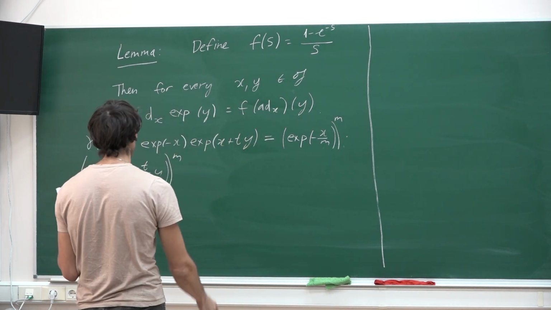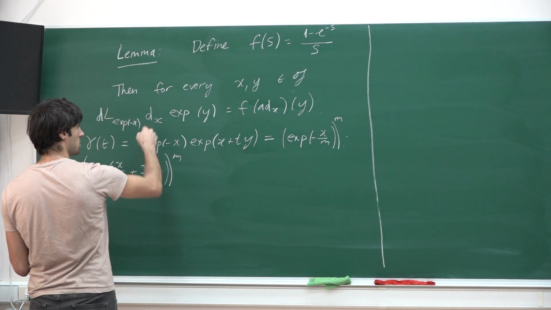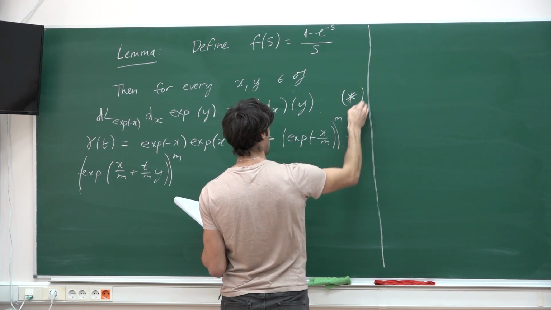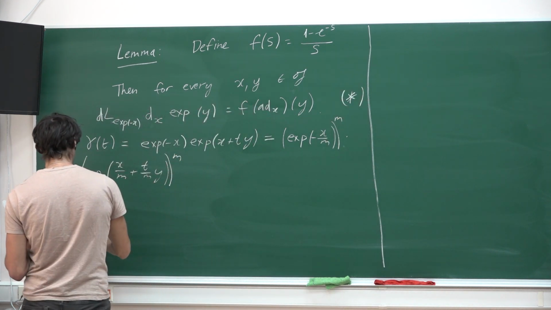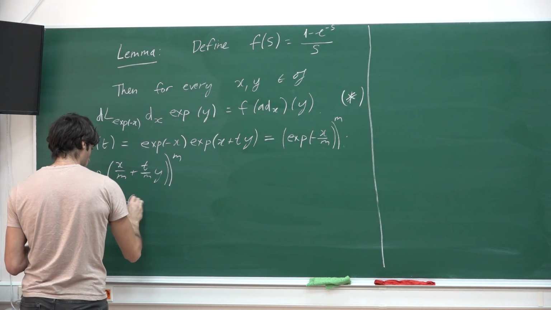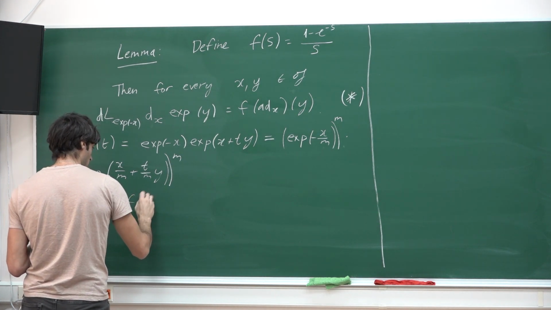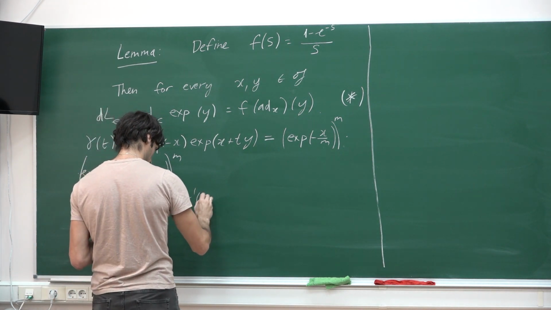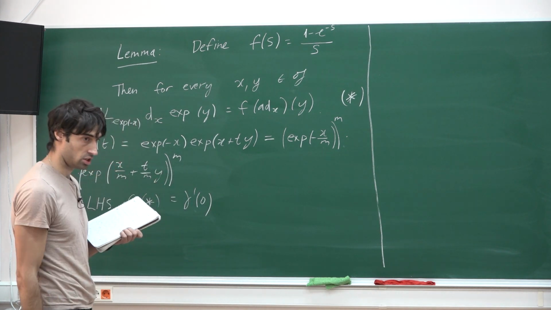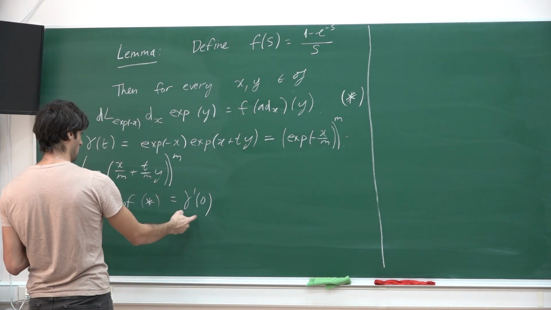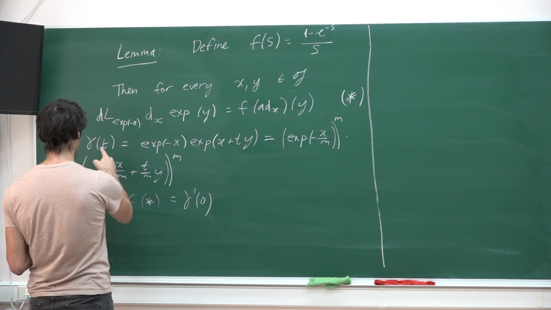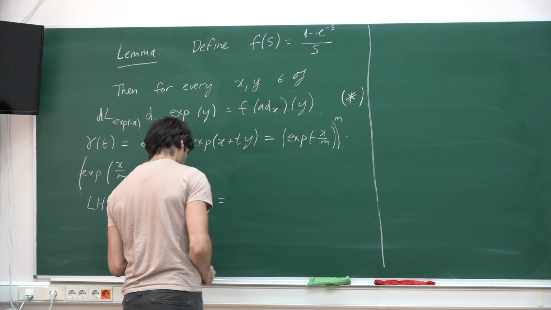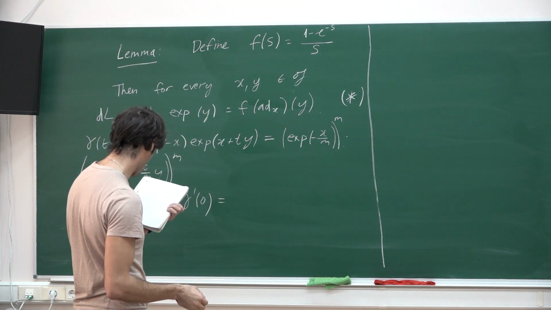Then I look at the left-hand side of this. Let me call this star. And so the left-hand side of star is exactly the tangent vector to gamma at t equals 0, right? But then I do the following.